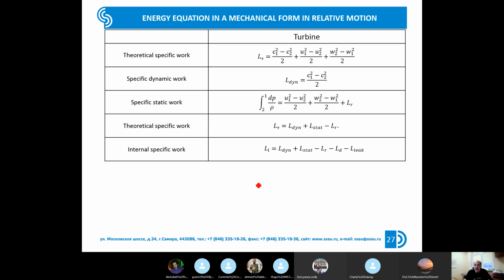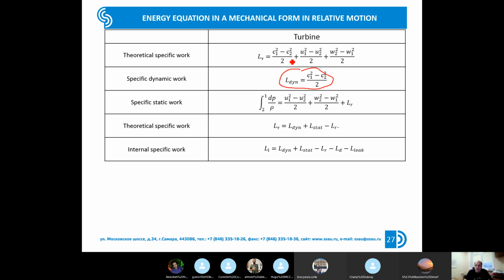In the turbine, we split the theoretical head into two parts. This part is the dynamic specific work.